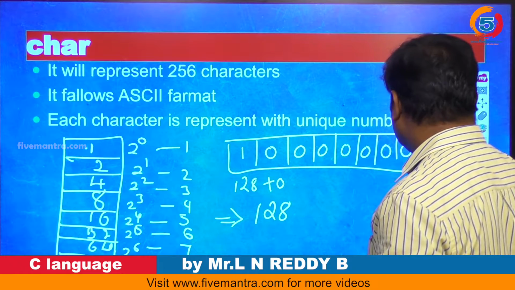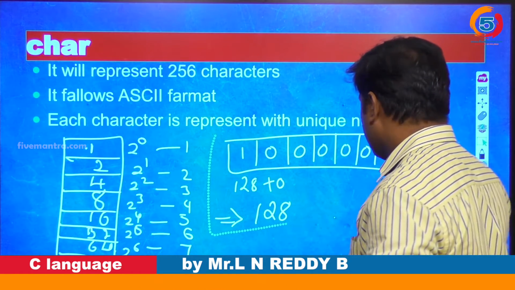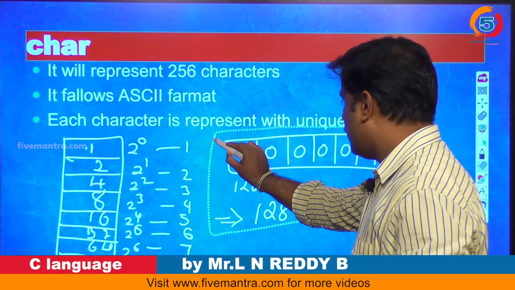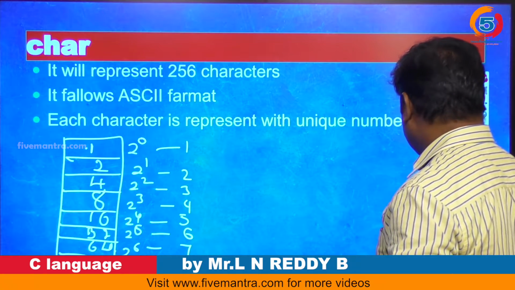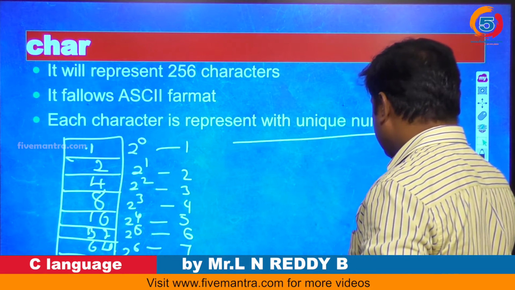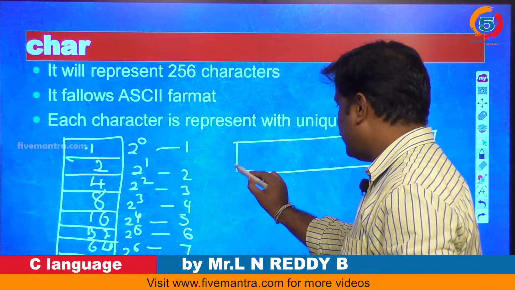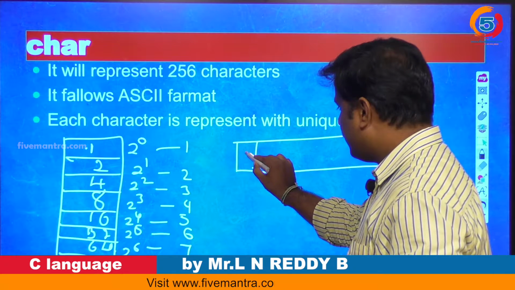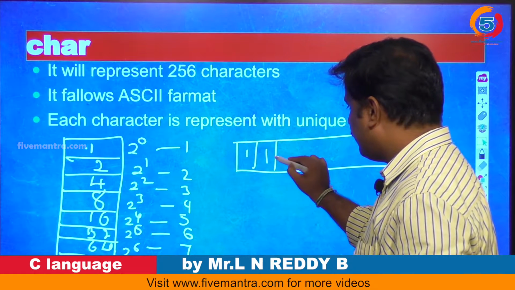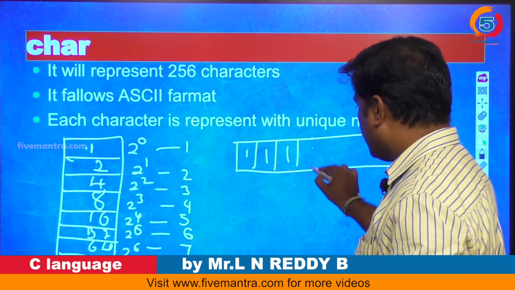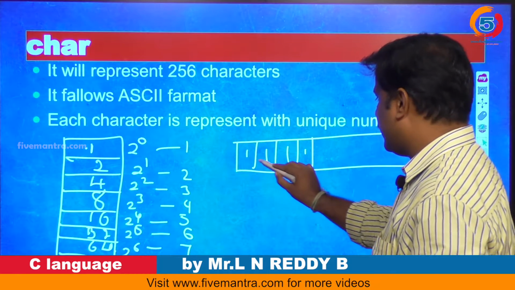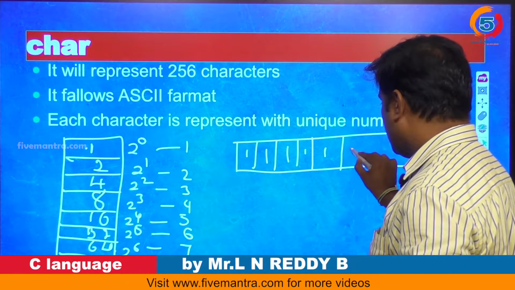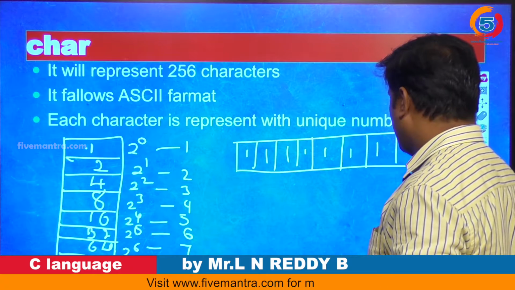Next, another representation I am doing. Here if I put a 1, and here if I put 1, and all are 1, like 8 ones we have, 1, 1, 1, 1.